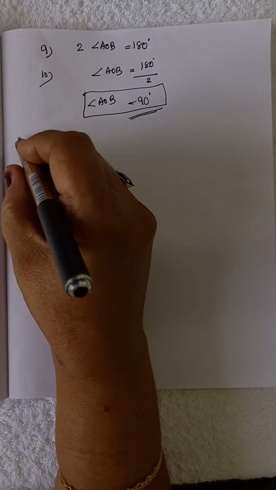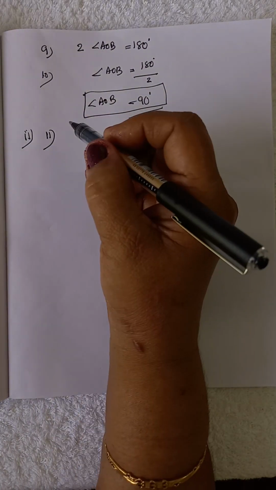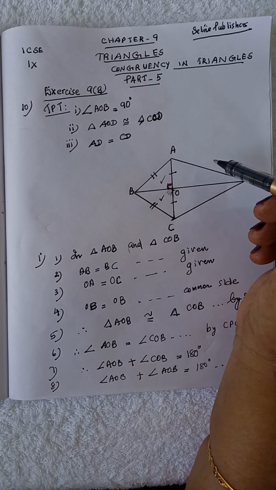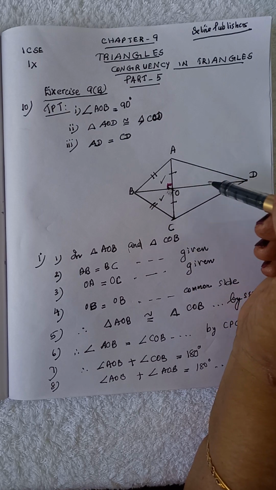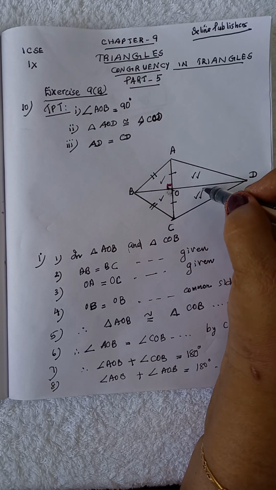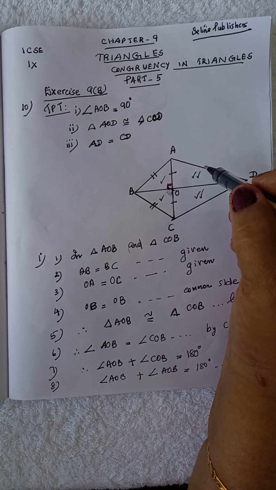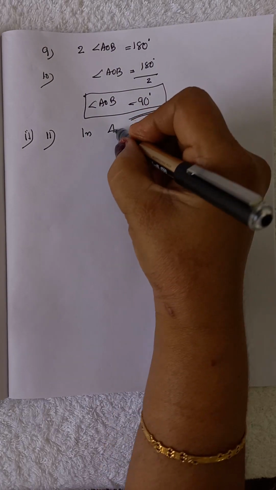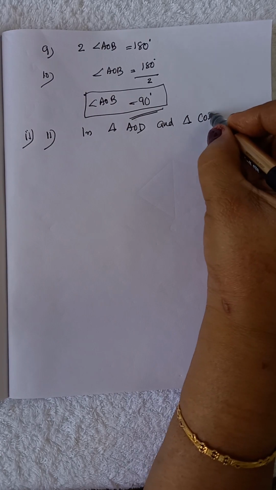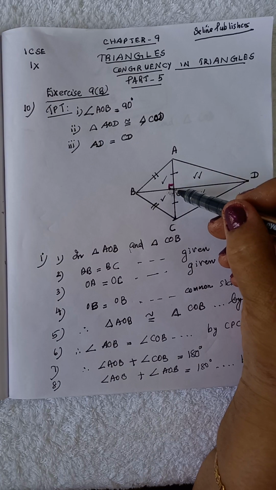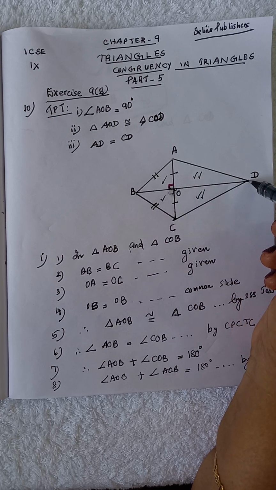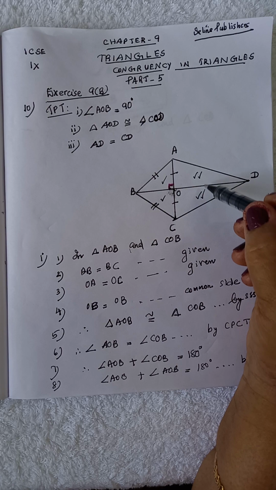Now the second question. So there, 11th point. In that second part, we have to prove that triangle AOD is congruent to triangle COD. So these two are the triangles. So let us write, in triangle AOD and triangle COD, we are given OA as equal to OC, and also we know this OD, which is common to these two triangles.